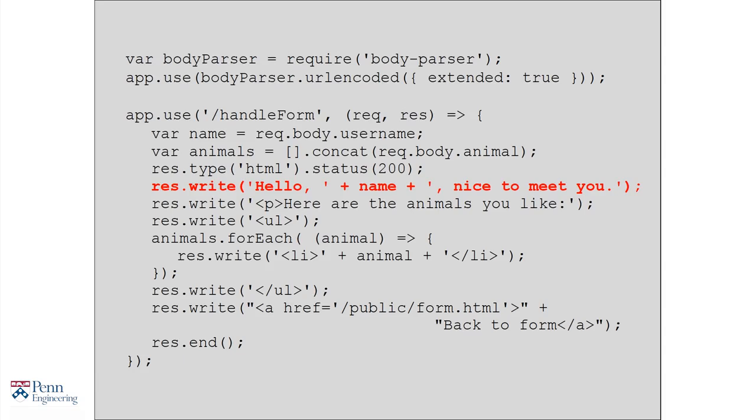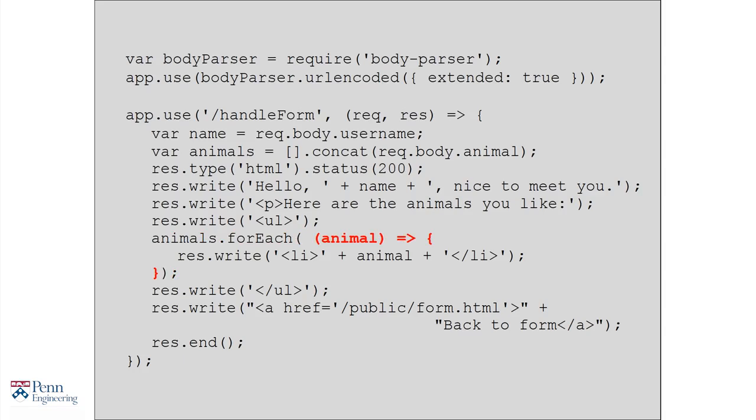That means that here we need to generate that HTML code. In this case, we're saying hello, nice to meet you, and then concatenating the user's name in the middle of that string. We have some static HTML, and then we have the beginning and end of our unordered list. Now we want to list out all the animals that the user selected. We'll use the for each function on the animals array, which will apply some function to each element of the array.